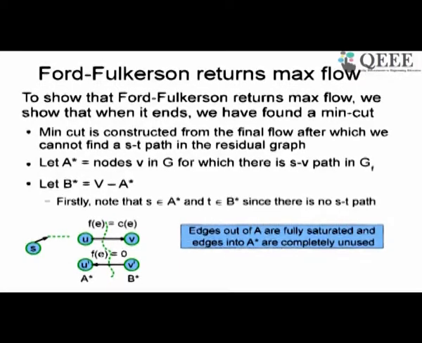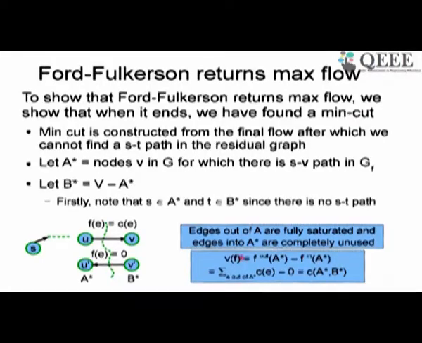So the interesting property we have in this cut is that edges out of A star are fully saturated and edges into A star are empty, unused. This is a property we have. And because we have this property, if I do the arithmetic, the value of the flow v(f) is equal to f out of A star minus f in to A star. f out of A star is equal to the sum of c_e out of A star, because every edge out of A star is saturated.